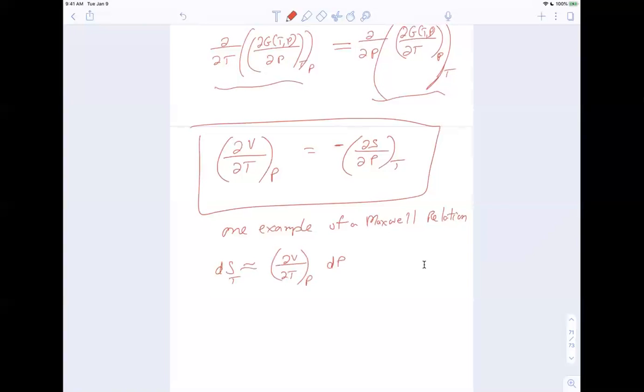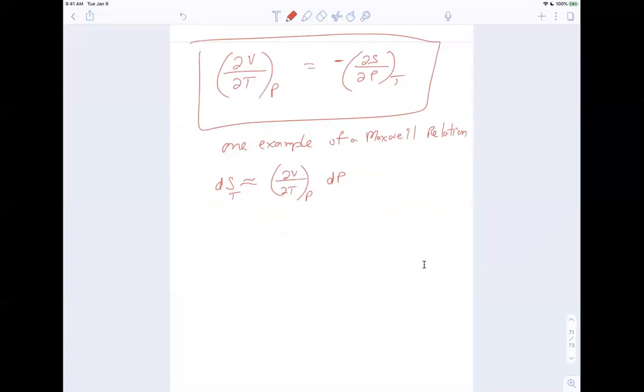Okay. Well, that's great, because now, purely from a thermodynamic analysis, first and second laws, I can actually compute changes in entropy at constant temperature, because I have at my disposal information about how volume changes with temperature at constant pressure. I have this term, and where do you think that information might come from? Real gas, or PV equals nRT.